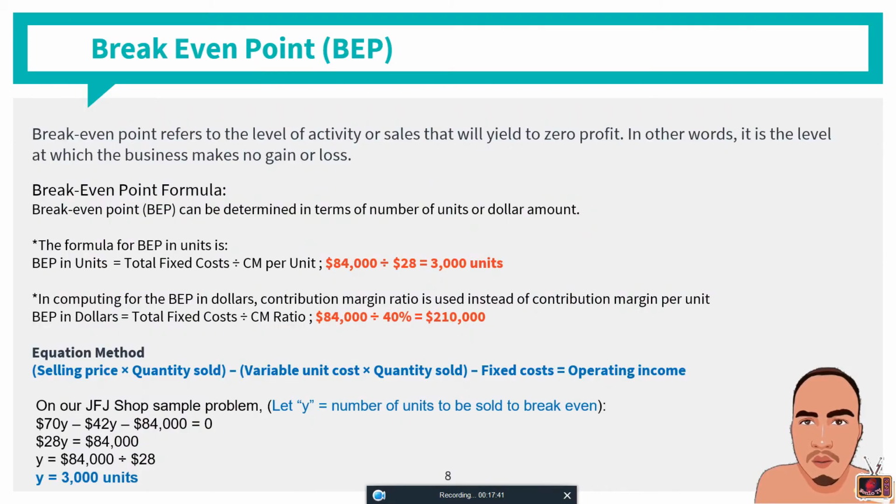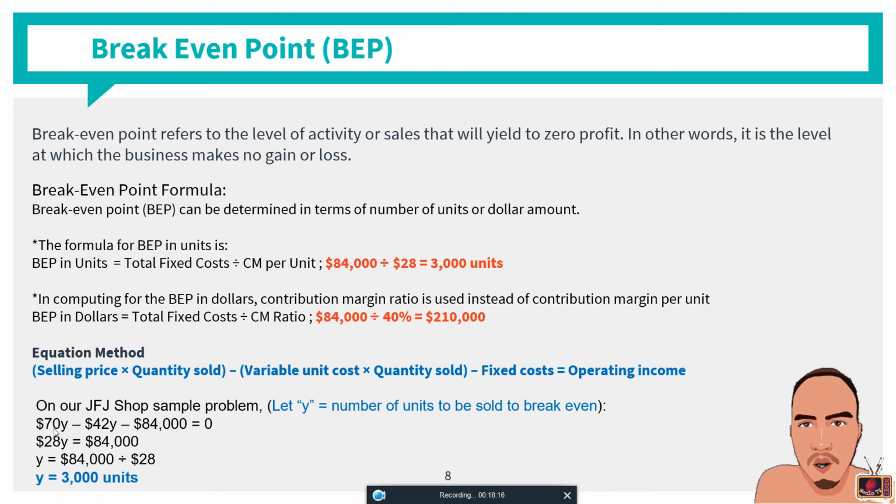Okay, just a refresher. Then the $42 is the total variable cost per unit, which is $42 because they are getting the pants for $32 plus $10 variable cost, which equals $42. And then we will minus the fixed cost. So the fixed cost is $84,000, equals 0. Okay.